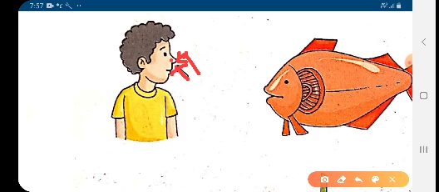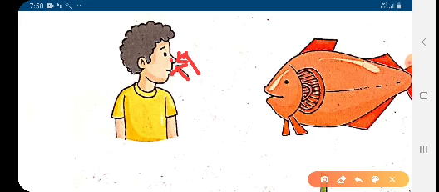Lungs are a pair of spongy, air-filled organs located on either side of the chest, which helps us to breathe. Now children, in the case of human beings, we breathe air through the nose and it goes into the lungs, and through the lungs the process of breathing takes place. Now these are the ways how living things breathe.